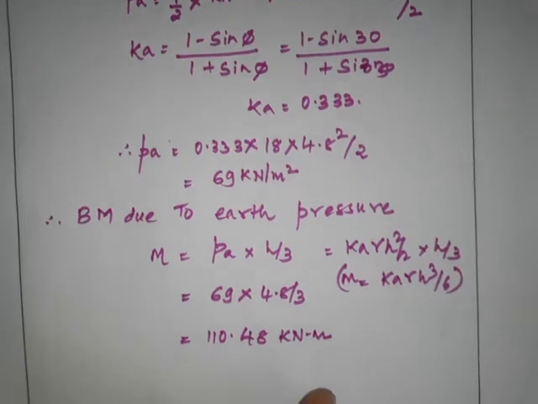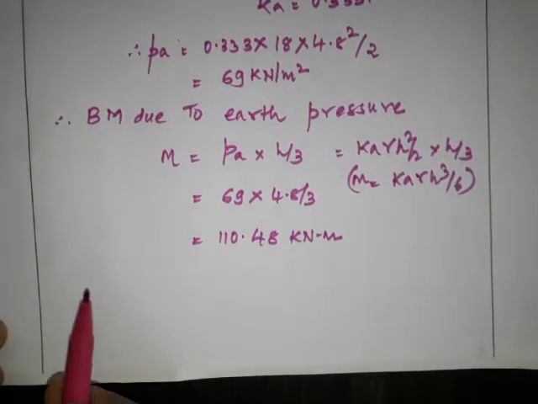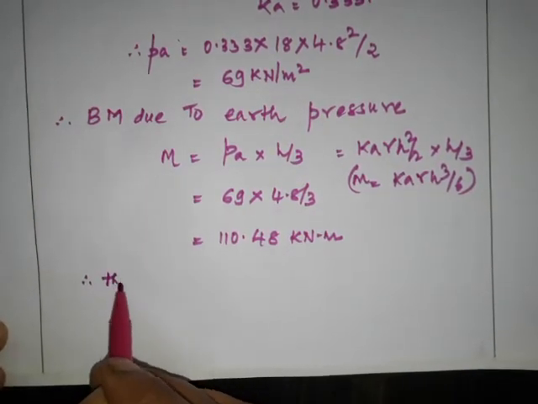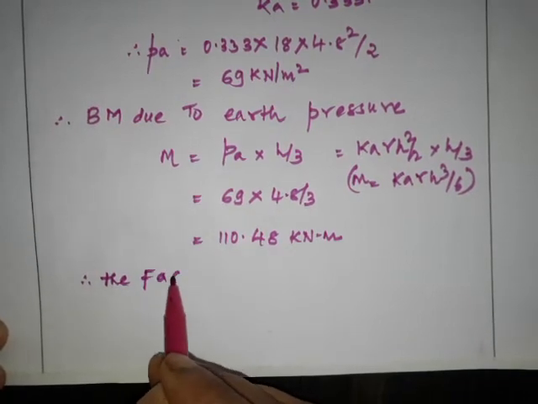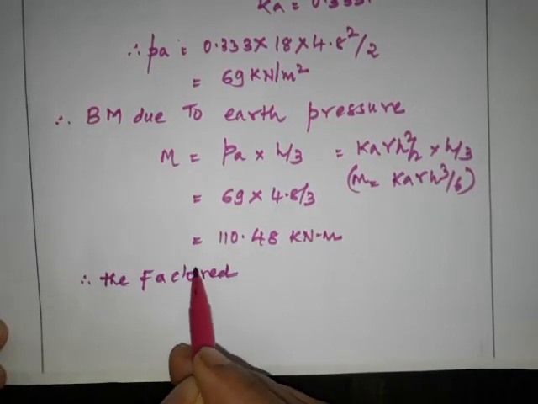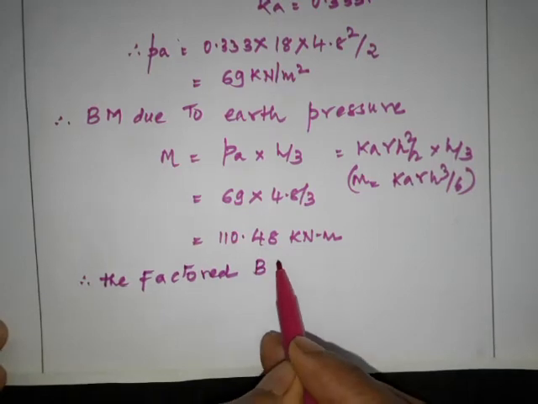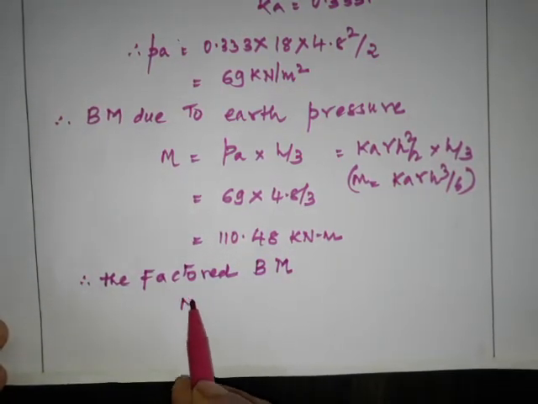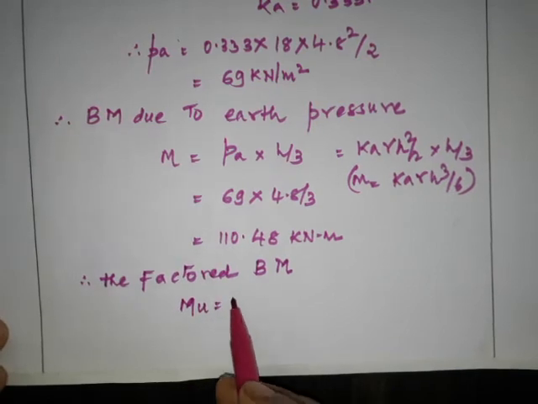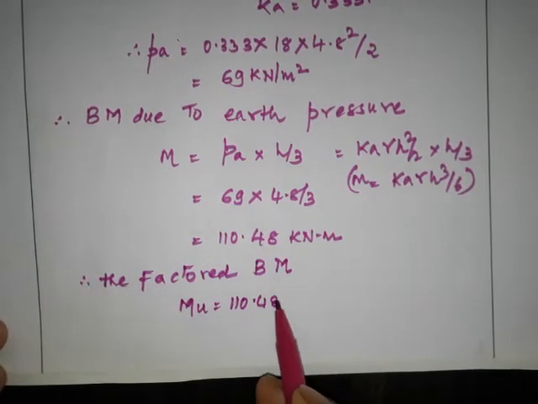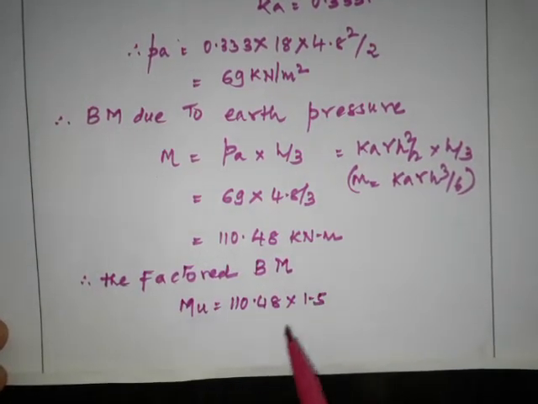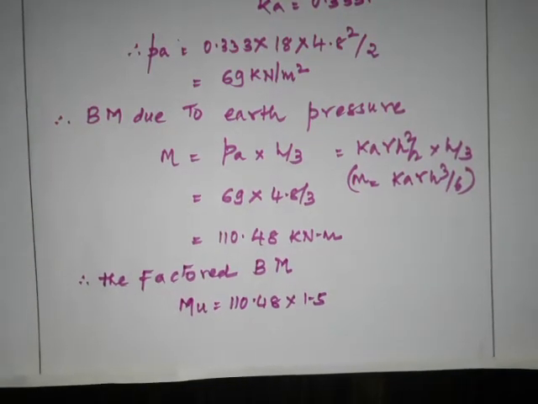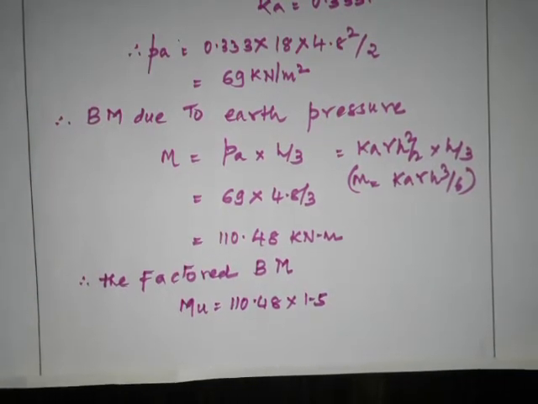Therefore, the factored bending moment, I can call it as Mu, is equal to 110.48 into 1.5, into 1.5.